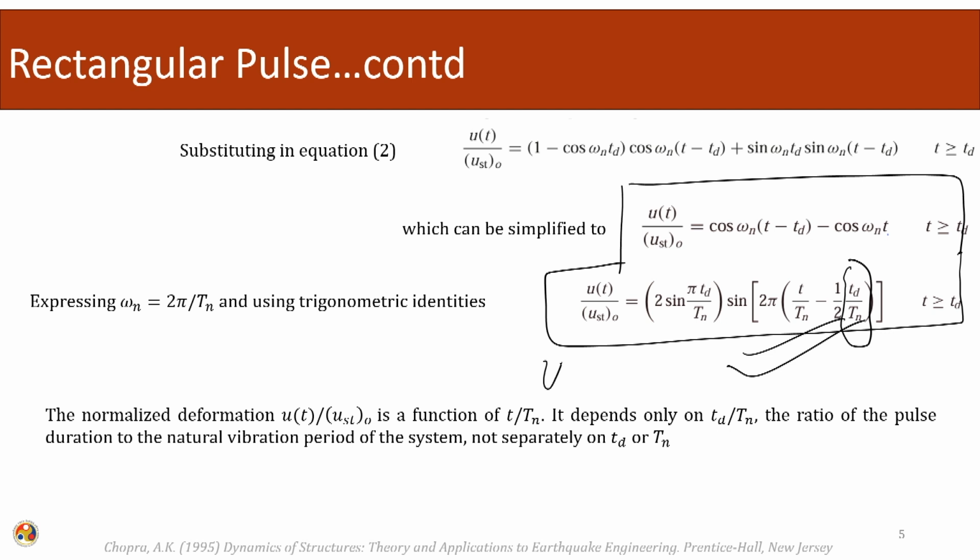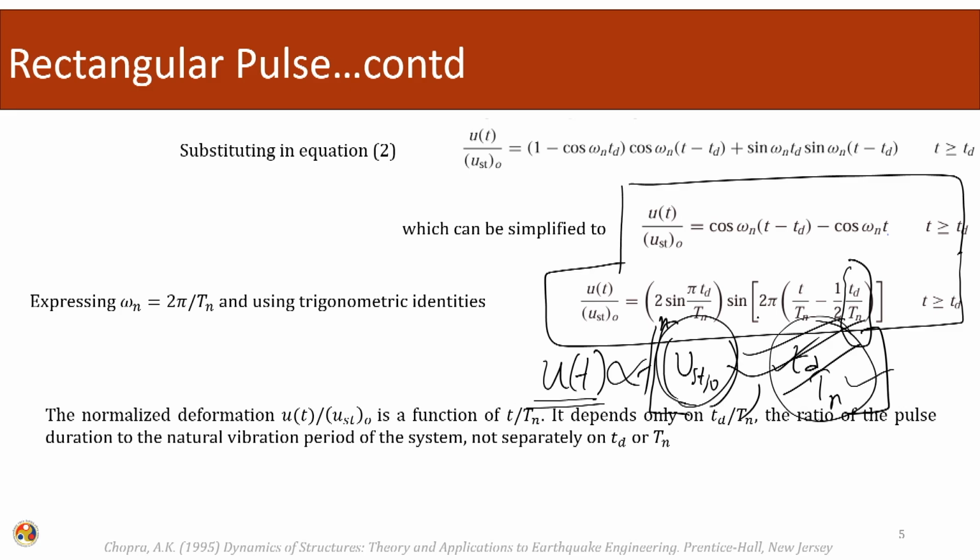So u(t) becomes a function of u_st0, meaning a function of the static response and the ratio of the time of the applied loading and the frequency of the system. So the response is a function of the static response and the ratio of the two time components, time of the loading and the natural frequency of the system.